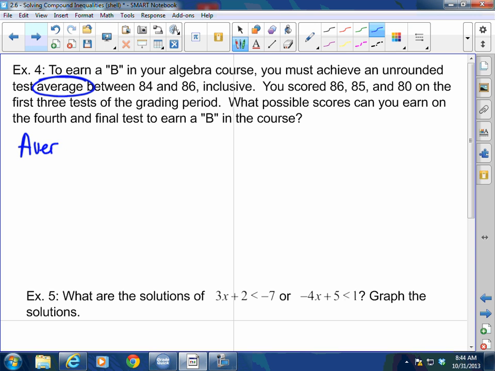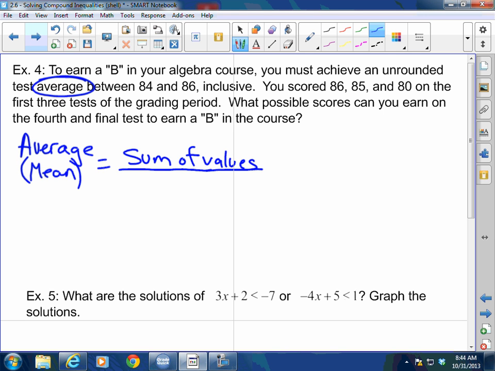An average, if you guys remember, it's also known as the mean, is what? Anyone remember? All of the numbers added together divided by the amount of numbers. Excellent, son. The sum of values, excellent. I couldn't have said it better myself. Divided by the total number of values.